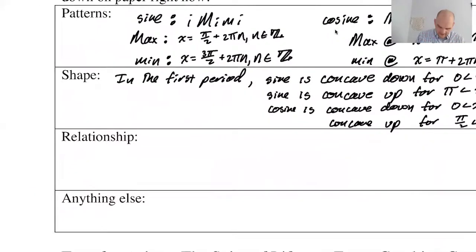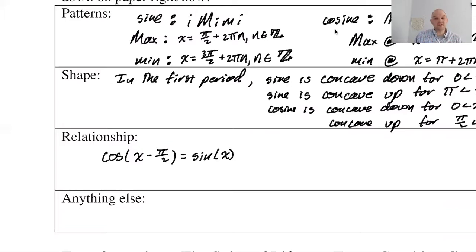So if I shift cosine, cosine of x minus pi over 2, which shifts it pi over 2 to the right, should be equal to sine of x.